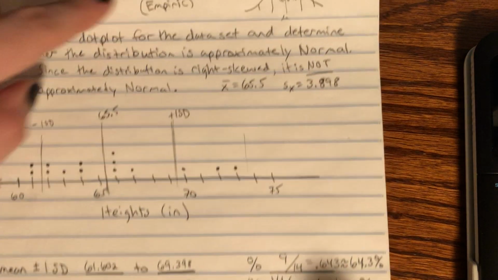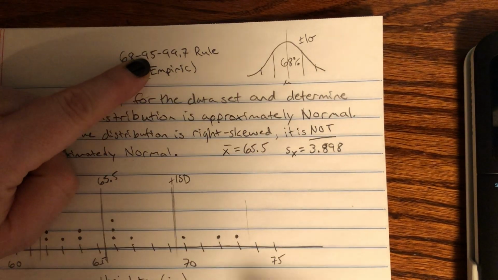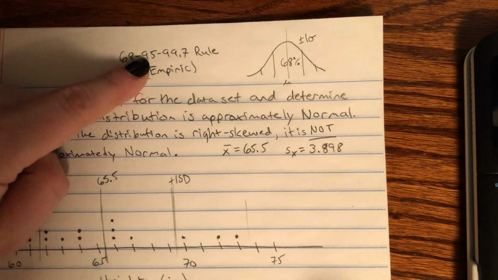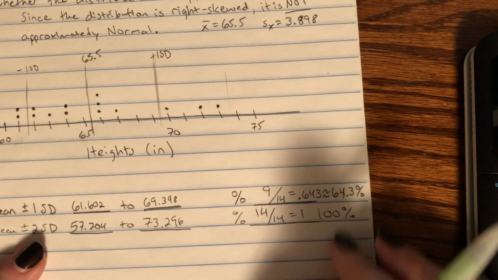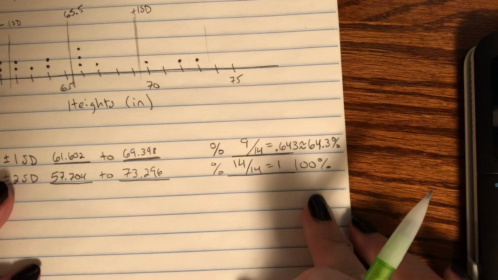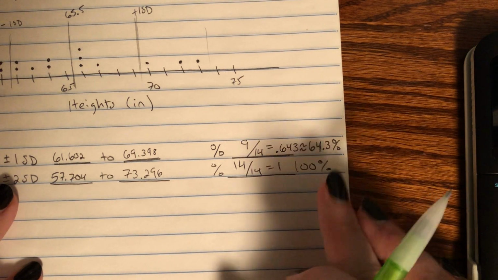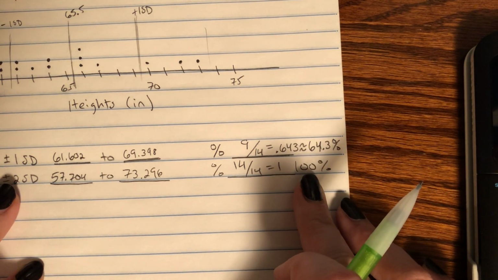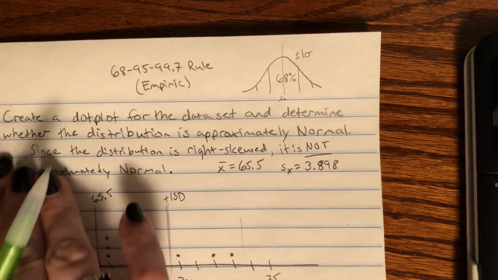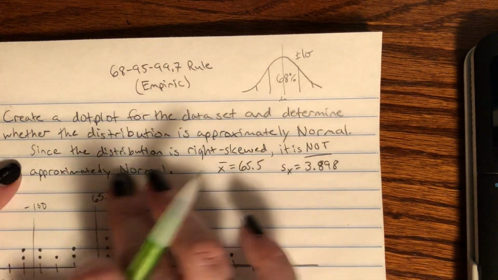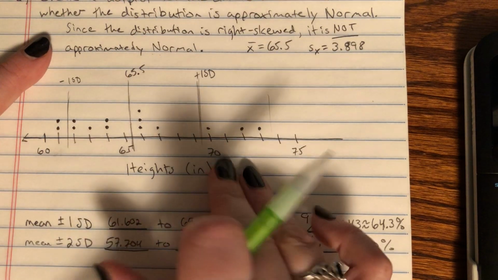Now this should only be about 95%. This shouldn't be close to 100% yet. If I go 3 standard deviations out, I'm still at 100%. This got to 100 way too quickly. All right, so this is not approximately normal. It doesn't fit this rule. It doesn't fit the shape, and the shape is important to look at before you even start doing this.